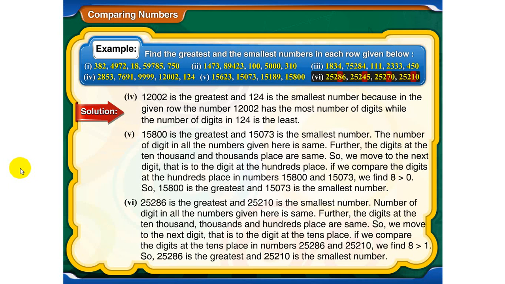If we compare the digits at the tens place in the numbers 25,286 and 25,210, we find that 8 is greater than 1. So, 25,286 is the greatest and 25,210 is the smallest number in the row.